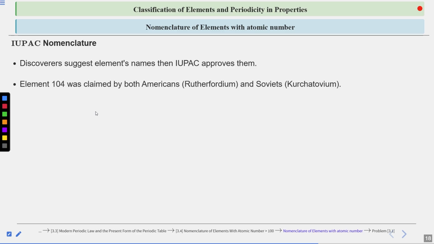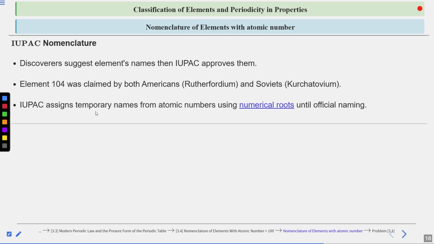But an element which has an atomic number of 104 was claimed both by the Americans and the Soviets. Americans named it Rutherfordium and Soviets named it a different name. So to avoid this kind of debate, IUPAC said that before assigning an official name to any element, we will assign a temporary name.